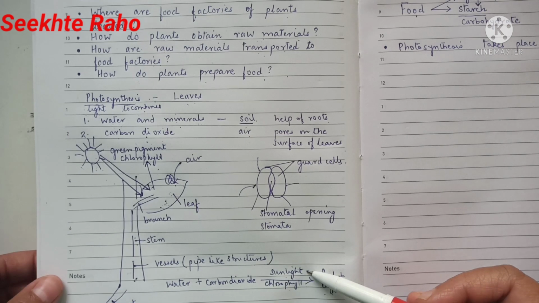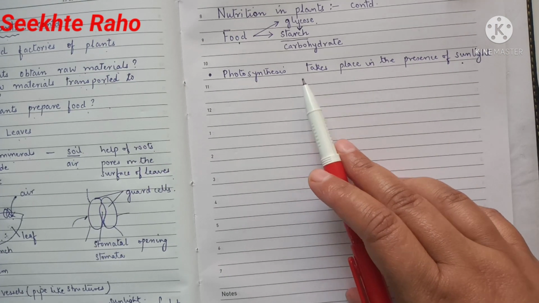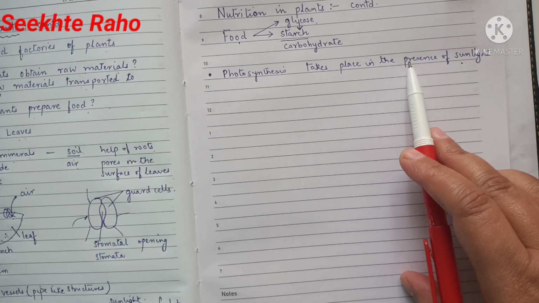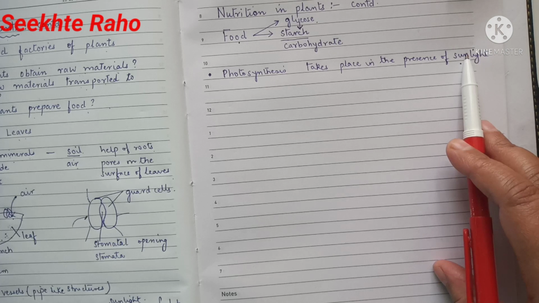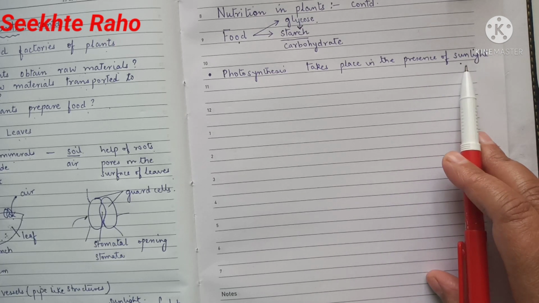In this part today, we are going to discuss that photosynthesis takes place in the presence of sunlight, and if there is no sunlight, photosynthesis will not take place. We can also say that photosynthesis takes place in the presence of light, right?